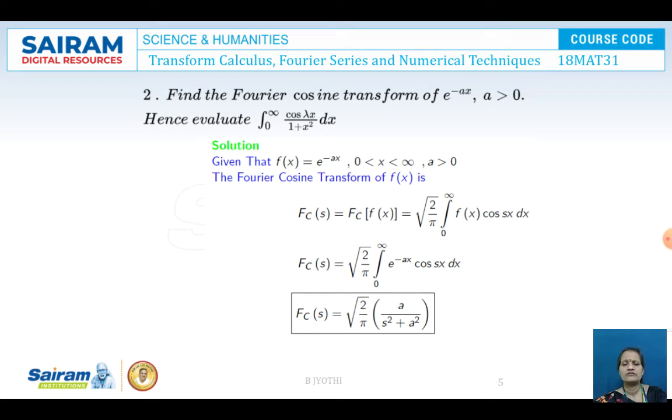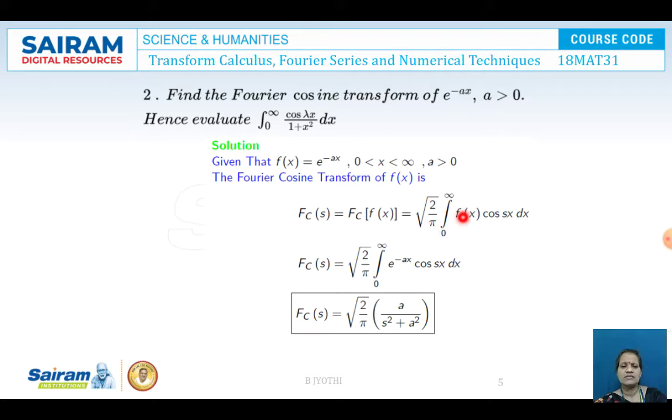Next problem. Find the Fourier cosine transform of e power minus ax where a is greater than 0, and hence deduce or evaluate the integral 0 to infinity cos lambda x divided by 1 plus x square into dx. So the given function is e power minus ax where x is varying between 0 to infinity and a is greater than 0. Let us recall the formula, that is, the Fourier cosine transform Fc(s) is given by this formula.